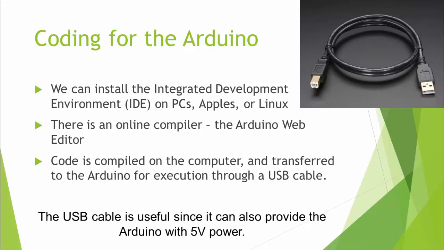Now this USB interface is very handy because, as we learned at the beginning of the course, USB can provide 5-volt power. And the Arduino will happily run using that 5-volt output from the USB cable.